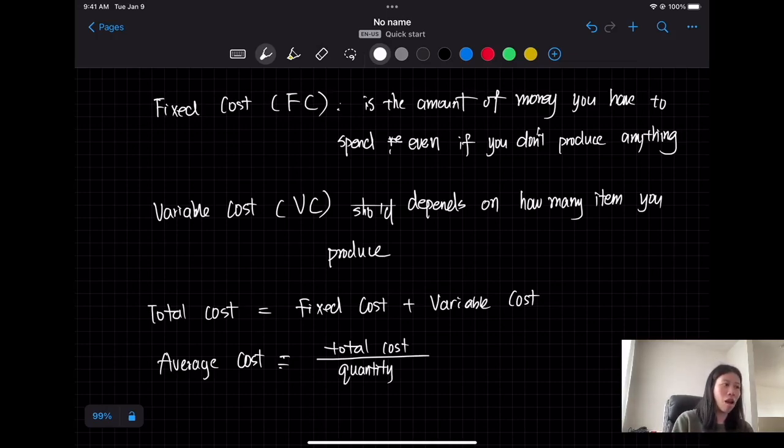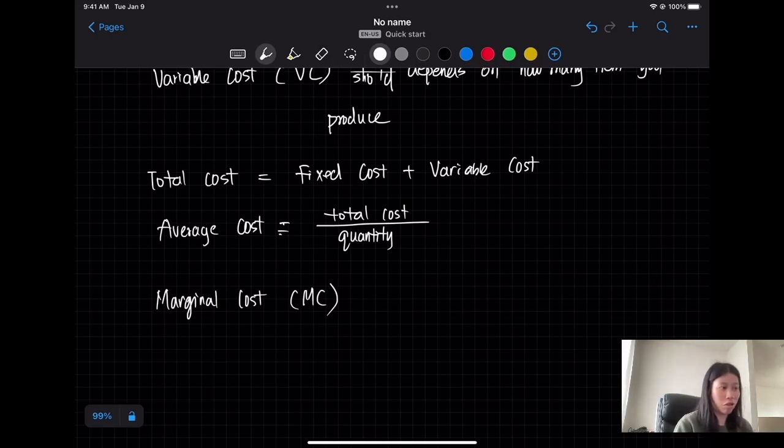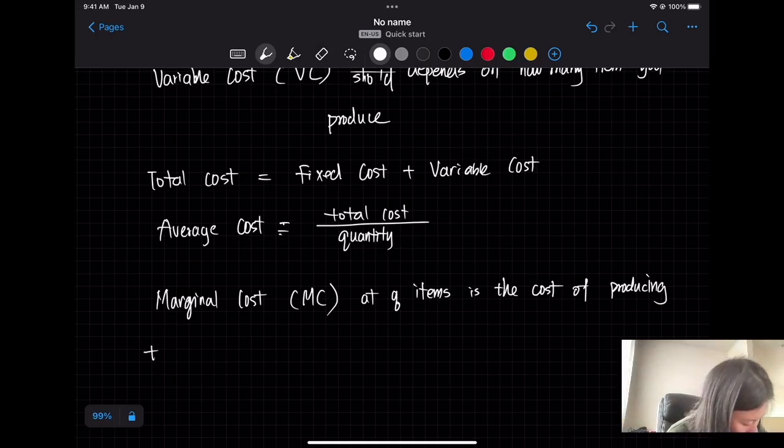Okay. And then the calculus part, marginal cost. We will use the letters MC to represent that. So marginal cost at Q items is the cost of producing the next item.